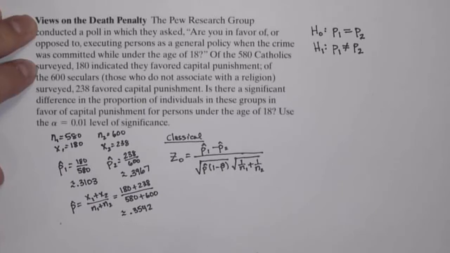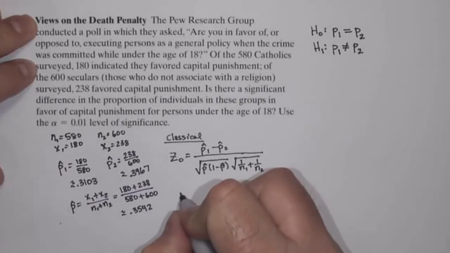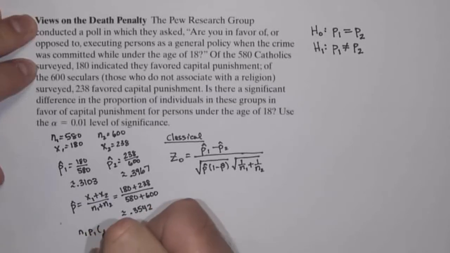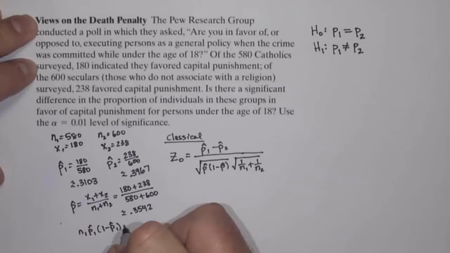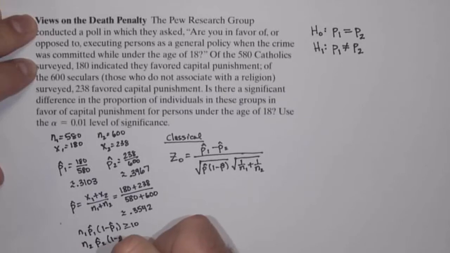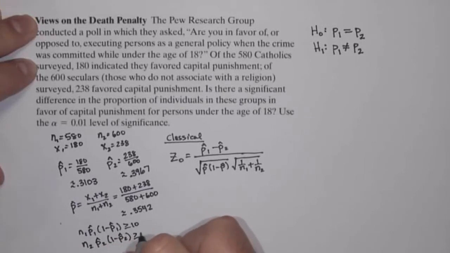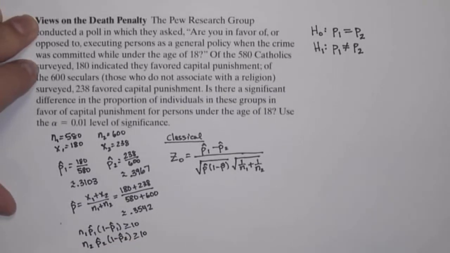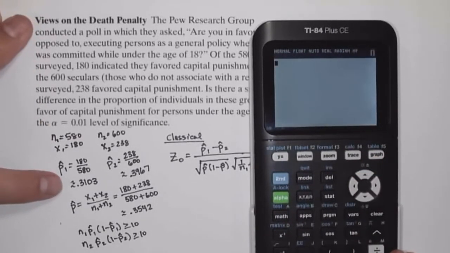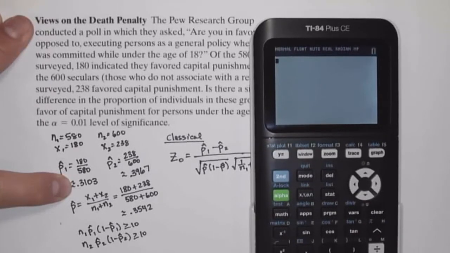We also do need to check, is N1 times P hat 1 times 1 minus P hat 1 greater than or equal to 10? And is N2 times P hat 2 times 1 minus P hat 2 greater than or equal to 10? Well, let's just check that really quickly on the calculator. So again, our P hat 1 is 0.3103 and N1 is 580.